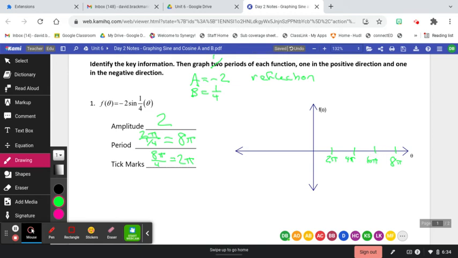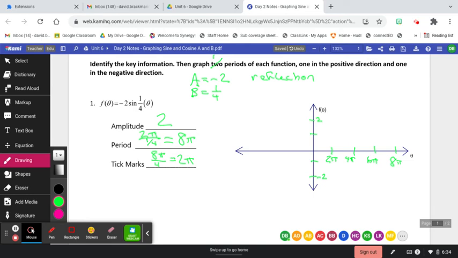Yesterday we went up to 2 pi. Today we're going to 8 pi because we've had it horizontally stretched out. Not only that, we're also going to go up to 2 and down to negative 2 because it's been vertically stretched out as well by that A value.